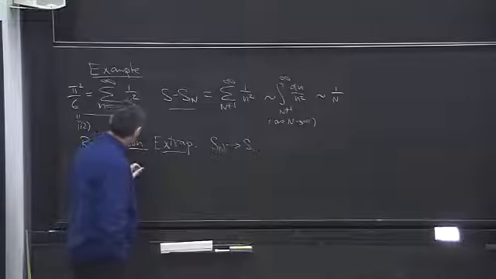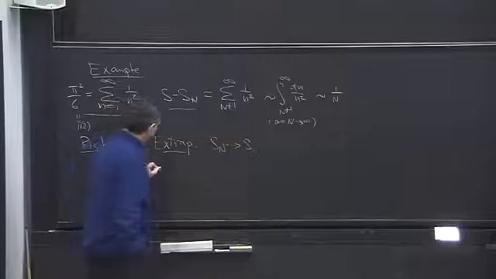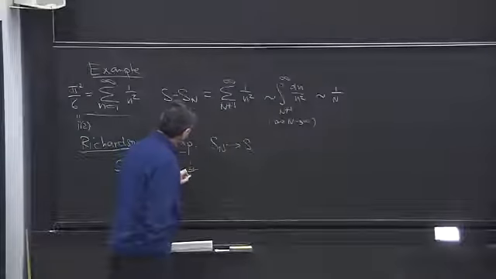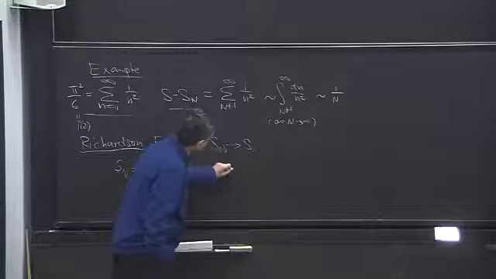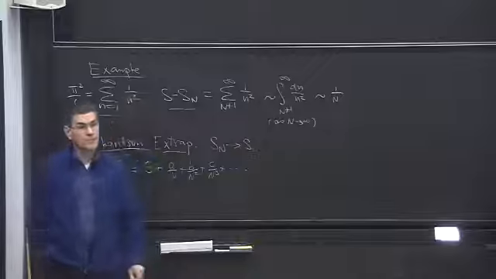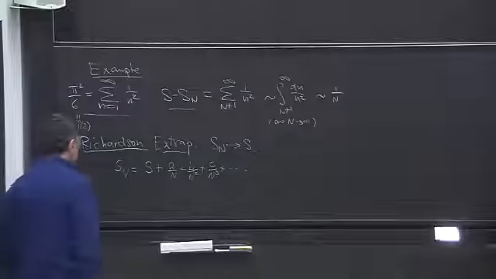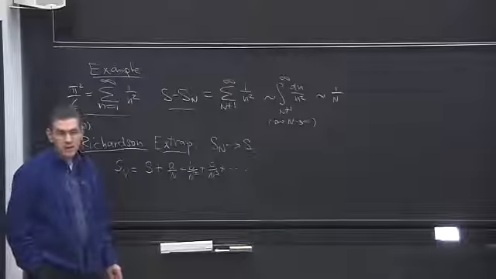So, for example, S sub n is its limiting value S plus a over n, plus b over n squared, plus c over n cubed, and so on. That's the model that Richardson makes, and the question is, what can we do with that model?